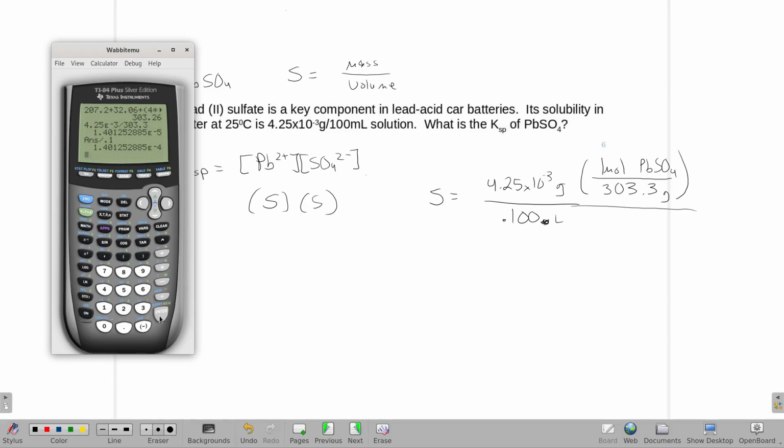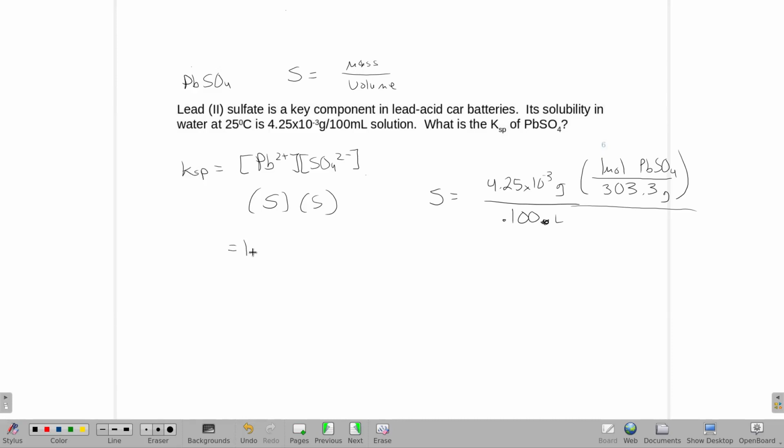Alright, so we have a molar solubility of 1.4 times 10 to the negative fourth moles per liter. To turn this one into a KSP, we're just going to square that number, because it's S times S is our KSP. So our KSP in this case is 1.96 times 10 to the negative eighth. And just like any Ks, there are no units.